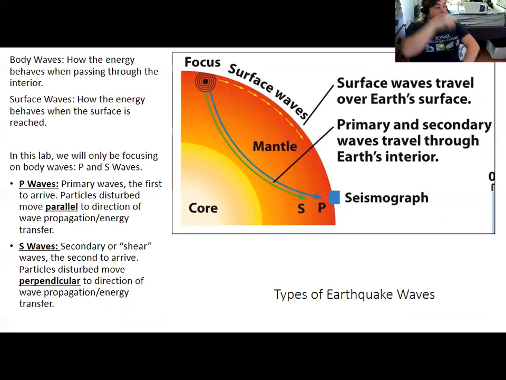They're going perpendicular to the main axis of wave propagation. And the key thing about S waves is that since they involve shearing perpendicular to the direction of movement, they cannot travel through liquids because liquids cannot be sheared.